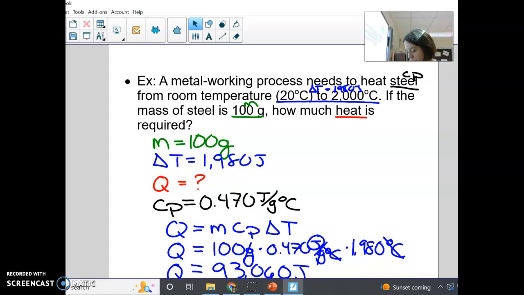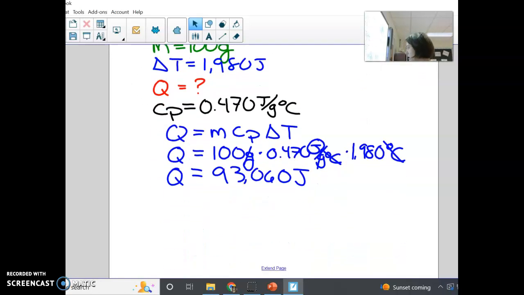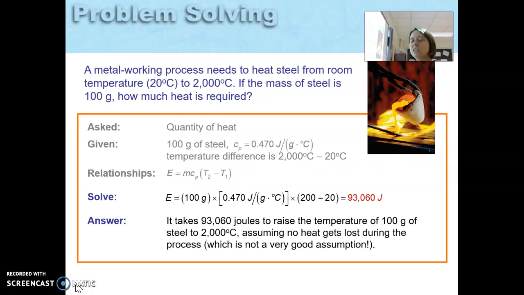And so we take 50 times 1980, and we get 99,000 joules. Is our answer in the ballpark of 99,000 joules? It is. We got a reasonable answer and we answered the question. Good job. So you can see not only did we answer the question, but we also got the answer that the book got.